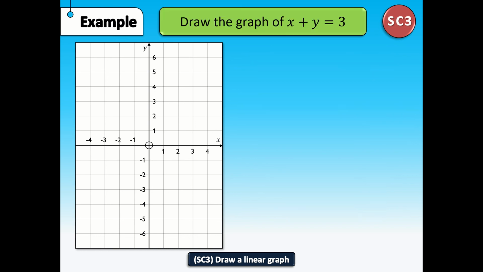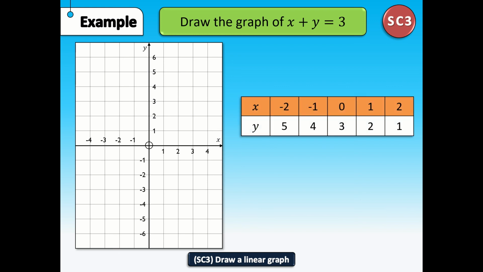Here's another example. So we want to draw the graph of x plus y equals 3. So we do a table of values, and then we plot these coordinates on the graph. So we start with the coordinate 2, 1. So that's 2 across and 1 up. Then the coordinate 1, 2. So that's 1 across and 2 up. The coordinate 0, 3, which is 0 across and 3 up.